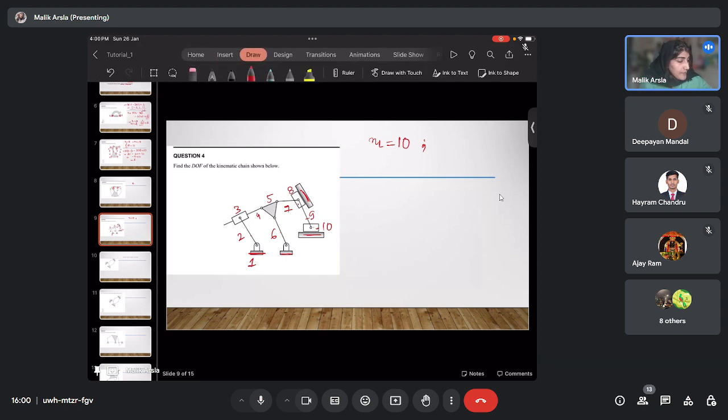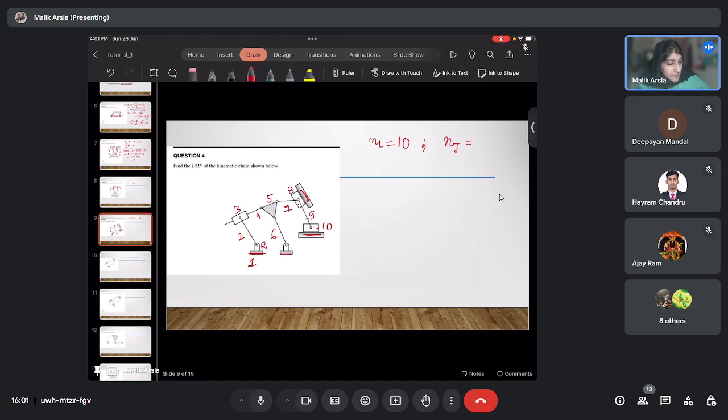Now next is the number of joints or number of kinematic pairs, okay? Whenever you're looking for the number of kinematic pairs, just check where there is relative motion between the links. That is the kinematic pair. Now see here, this is the fixed link and this is the second link, and here we have one revolute pair. So this will be one kinematic pair.